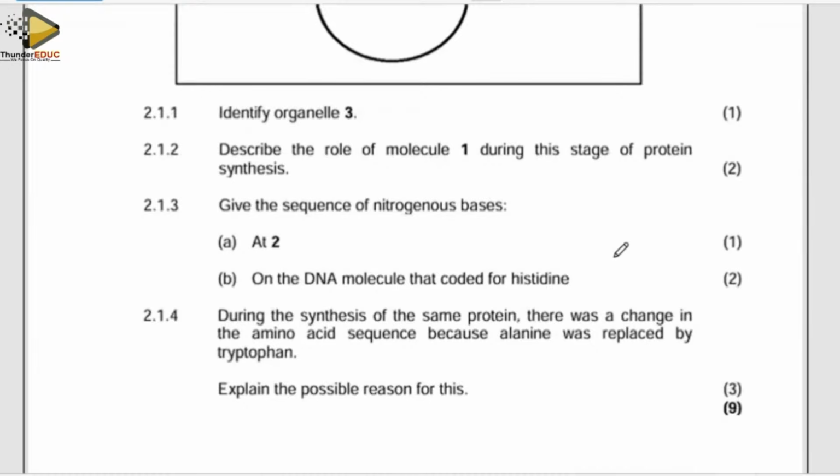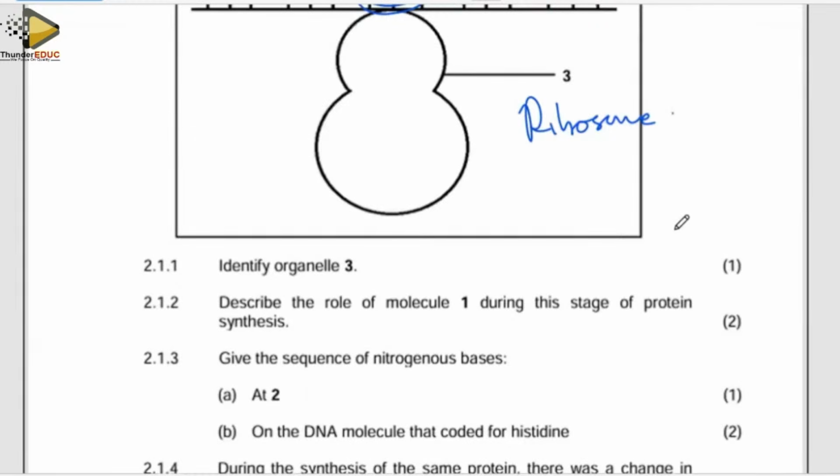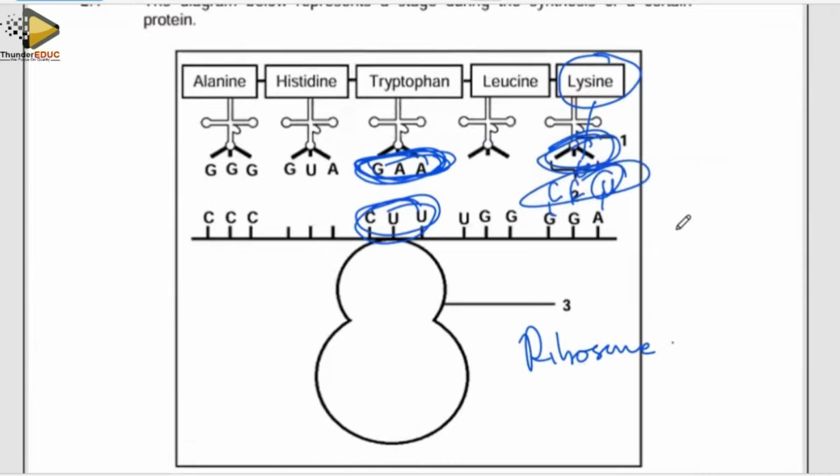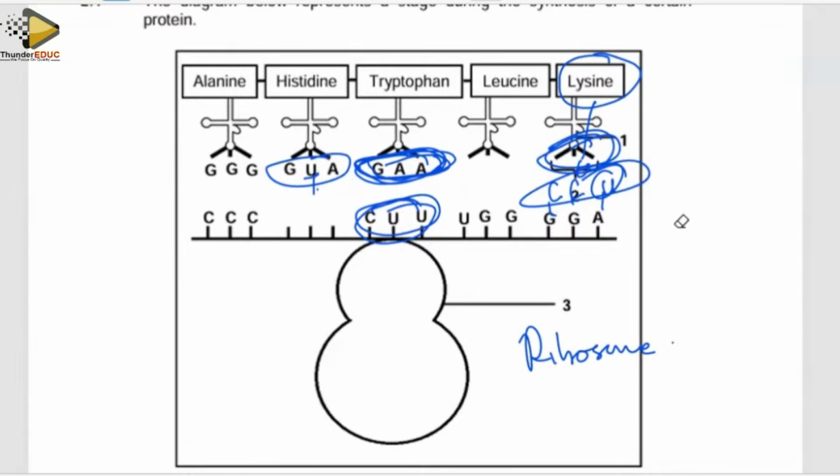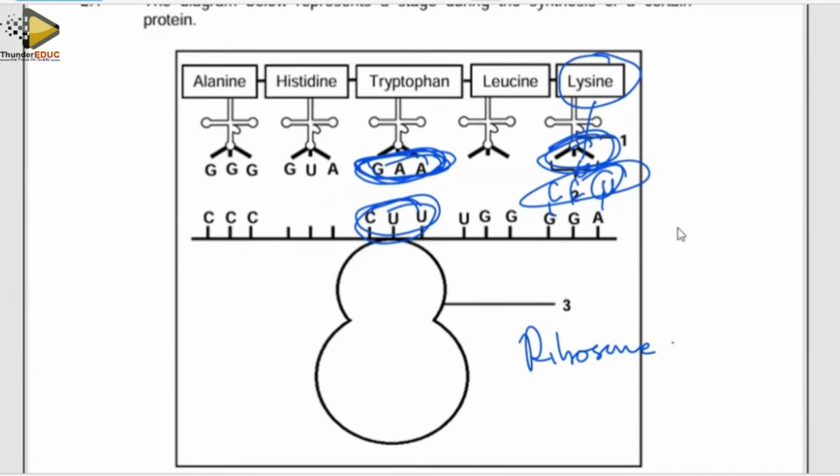Then they're saying that on the DNA molecule that codes for histamine, give the sequence of nitrogenous bases on DNA. If you look at this, actually the U is supposed to be replaced with the T. Okay, let's find out. Since this is tRNA, I'm looking for DNA. So G goes with C, this goes with A, and this goes with U. That is messenger RNA.